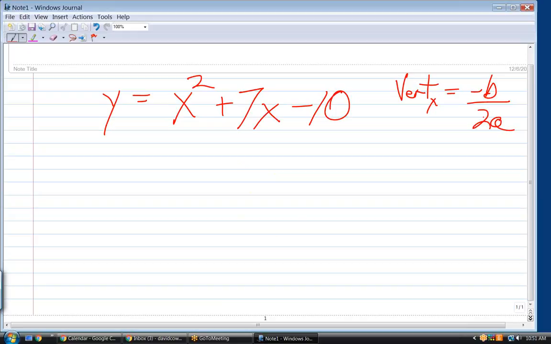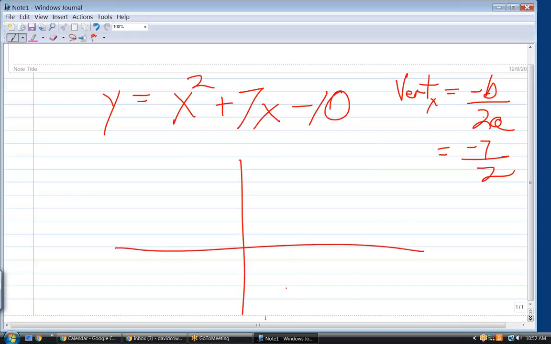So it would be negative 7 over 2. Now I know my line of symmetry is at minus 3.5, so I can begin to know where that parabola is. I didn't get the y-coordinate of the vertex yet.